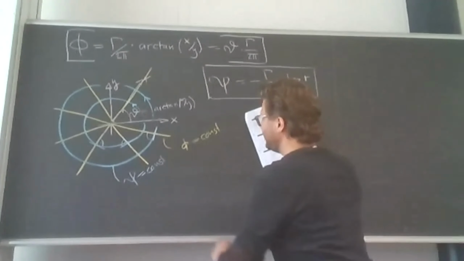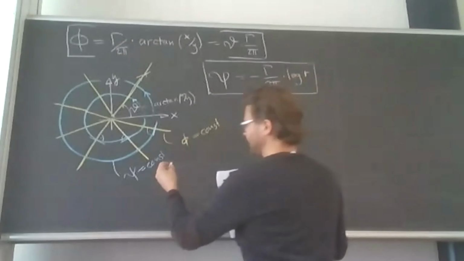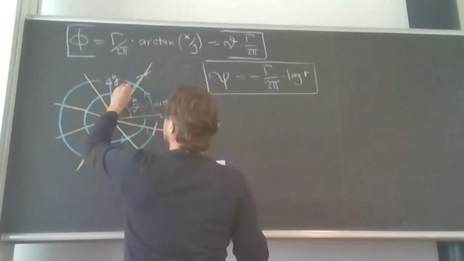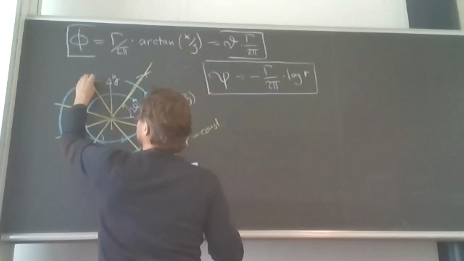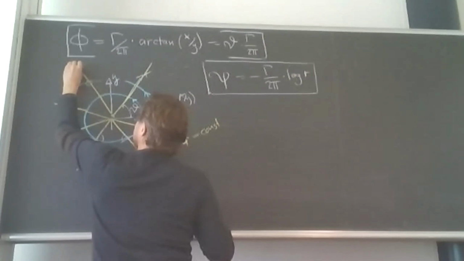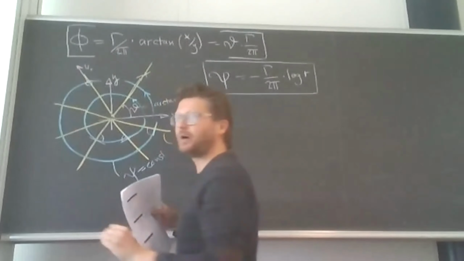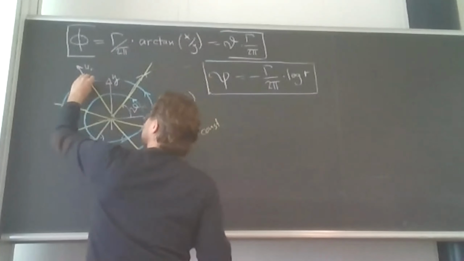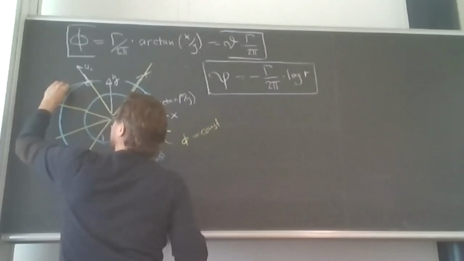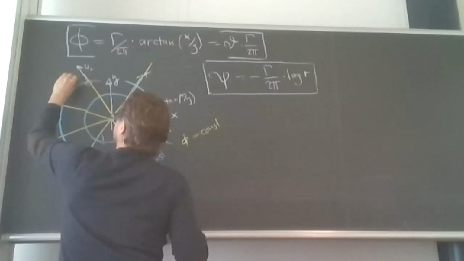What about u and v? Or let's say, what about the velocities? Let me draw them here. The velocity in the radial direction, ur, and the tangential velocity, u theta.